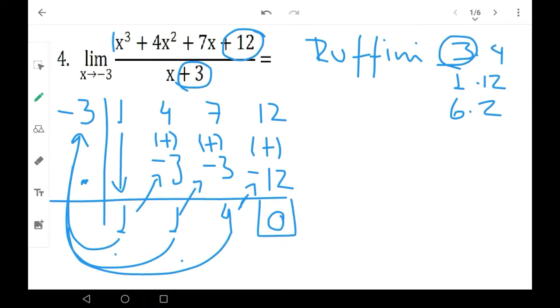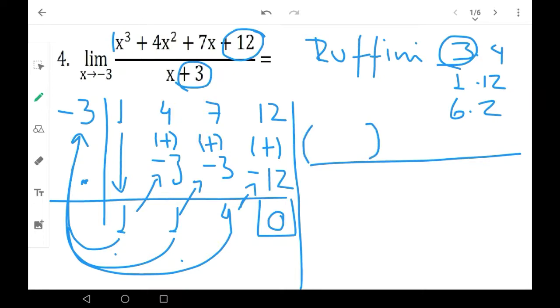Now, how can I use the numbers that I found when doing my Ruffini? What are the numbers that I have to copy here? I can rewrite the polynomial, but now in factored form using Ruffini. Now I factor the first term.